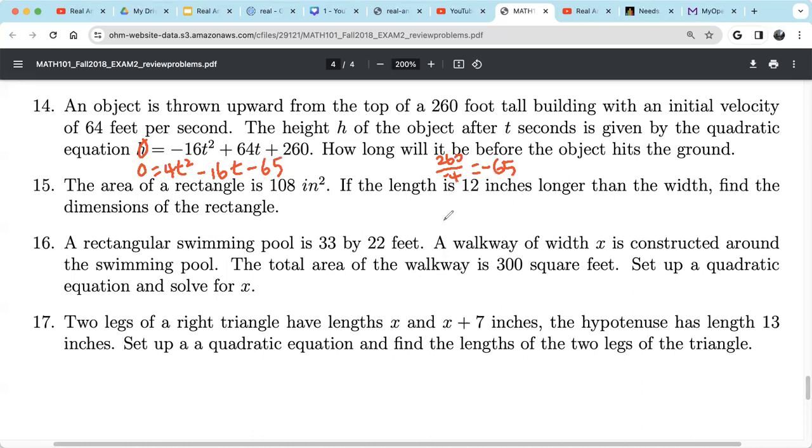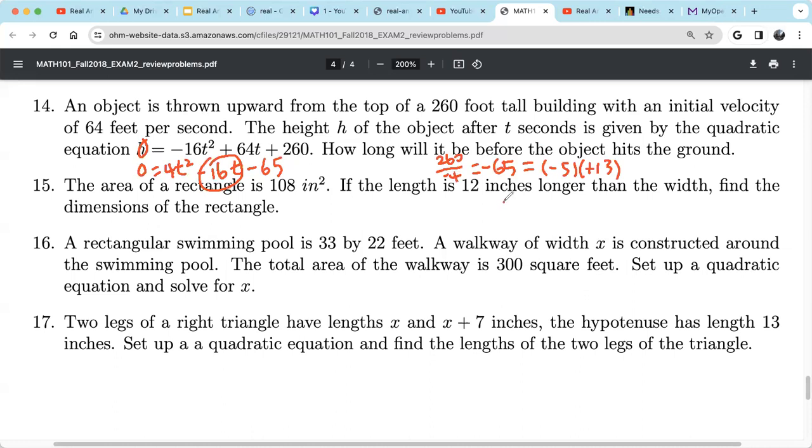So now we need to think, how do we factor negative 65? We can factor negative 5 and a positive 13, right? Because our goal is to form negative 16t for the middle term.